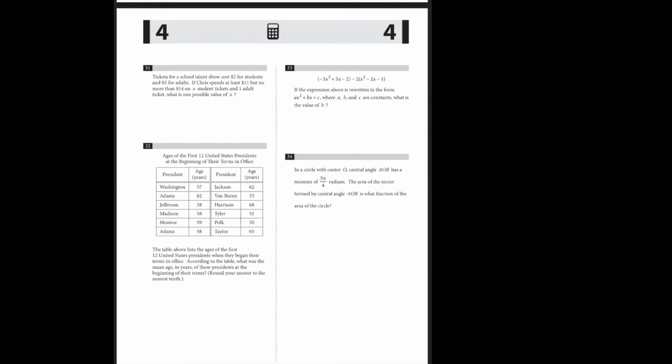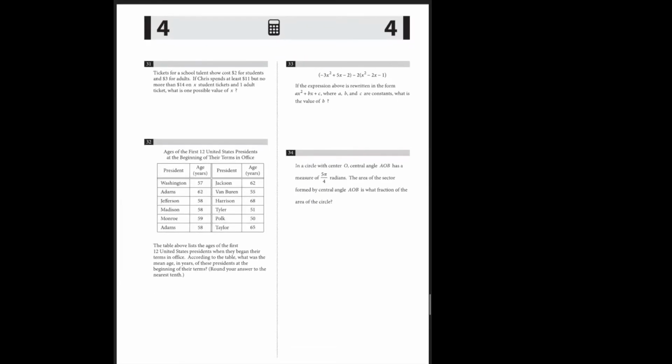All right. So in order to find the total cost of these ticket combinations, it would be 2S plus 3A, because the student tickets are $2 each, and the adult tickets are $3 each. In order to figure out the cost that he spent, we can already plug in A, because it tells us that he bought one adult ticket.